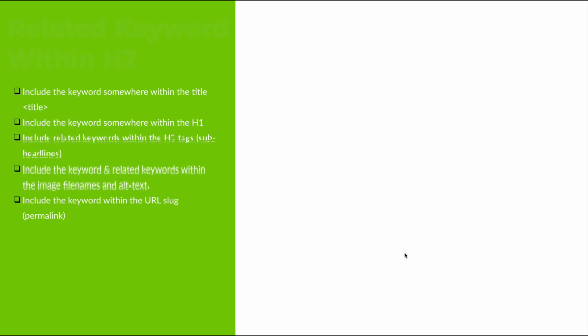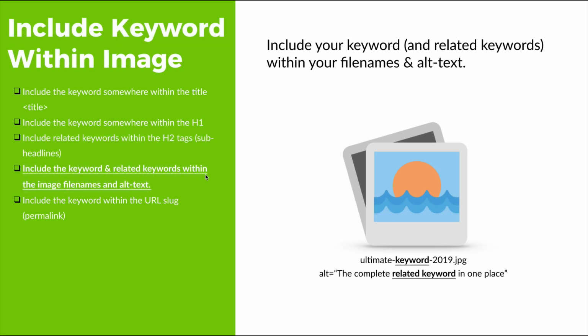All right, moving on. Include the keyword and related keywords within the image file names and alt text. So we mentioned before, as the basics, you just want to have a picture. But if you want to tweak it and take it to the next level, name the picture something related to your keyword. So if, for instance, you have the ultimate-keyword-2019.jpg, the file name, Google is going to read the file name and say, oh, this picture must be about your keyword.